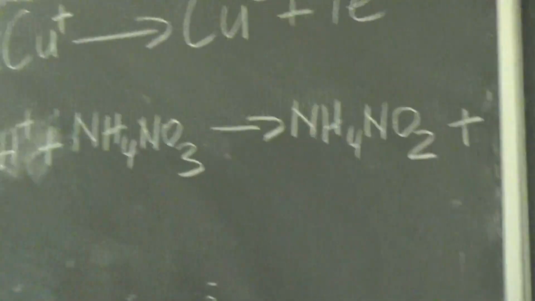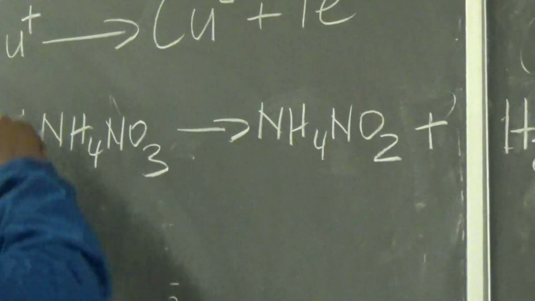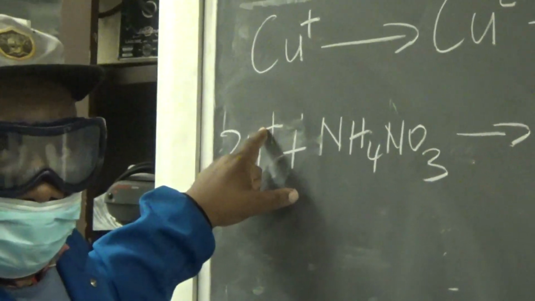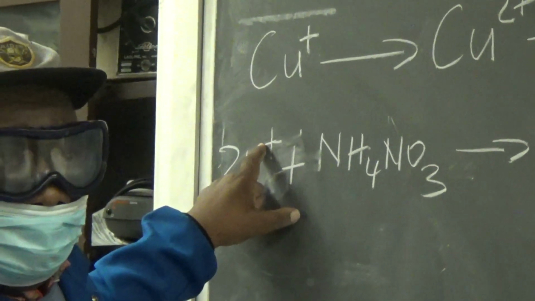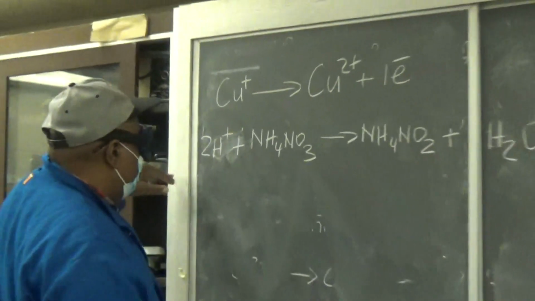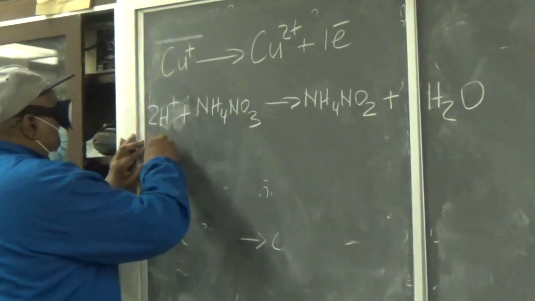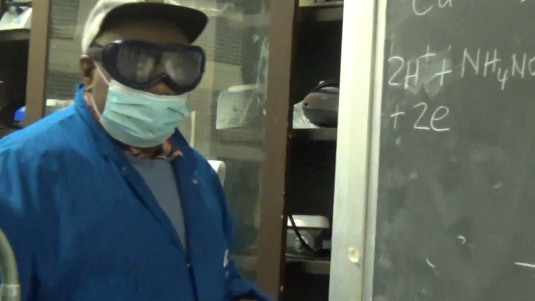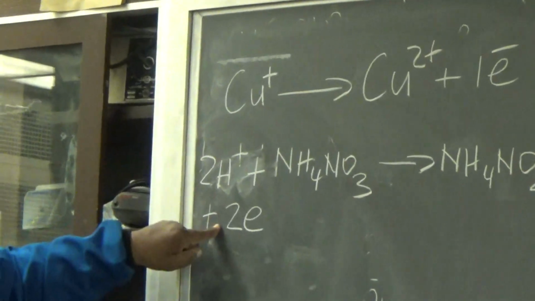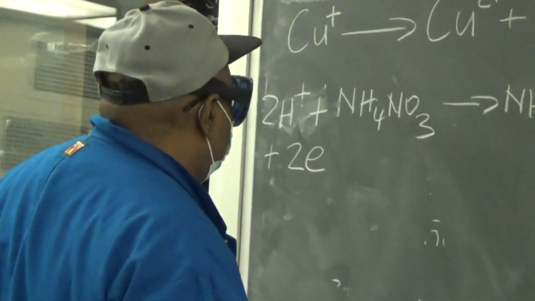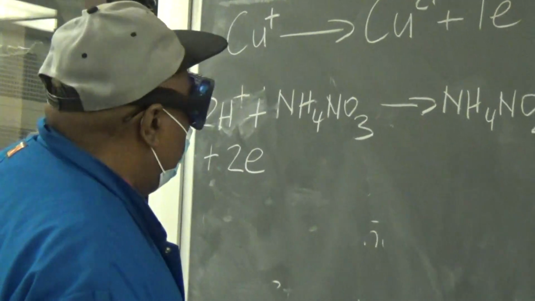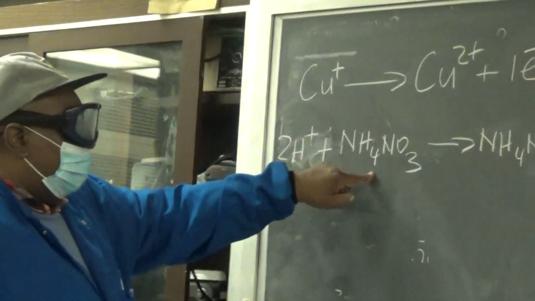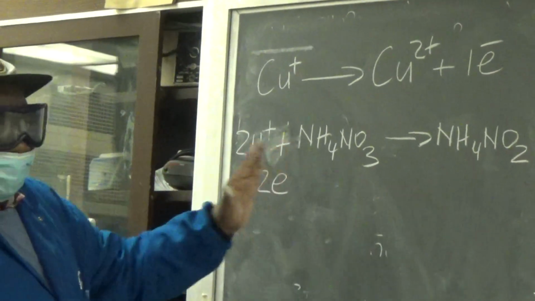At the bottom, as you can see, you have a 2 plus charge. That means that you need to add 2 electrons. Yeah. So plus 2 electrons, and that is balanced. Okay. Is it better to put that in the same line, or is it okay like that?